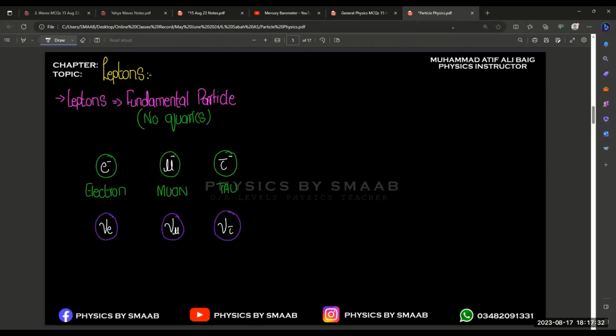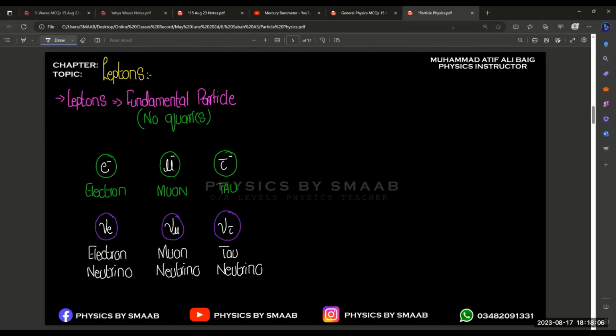Okay, so the next ones are electron neutrino, muon neutrino, and tau neutrino. So these are the 6 categories of the leptons.